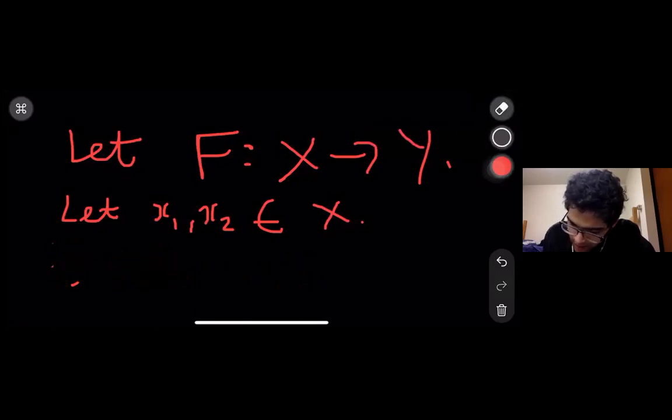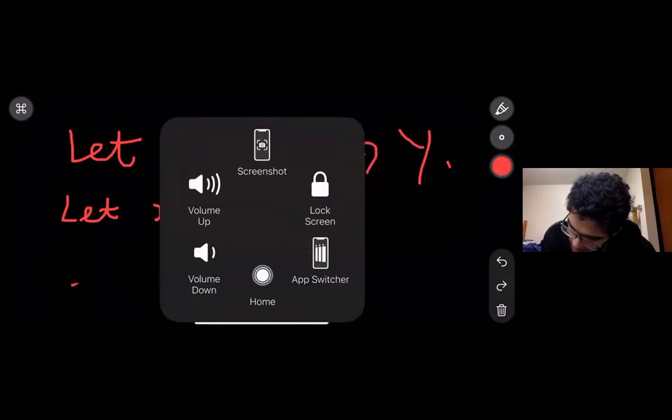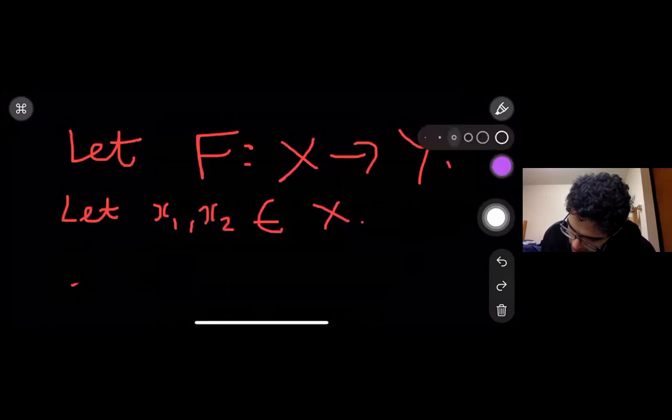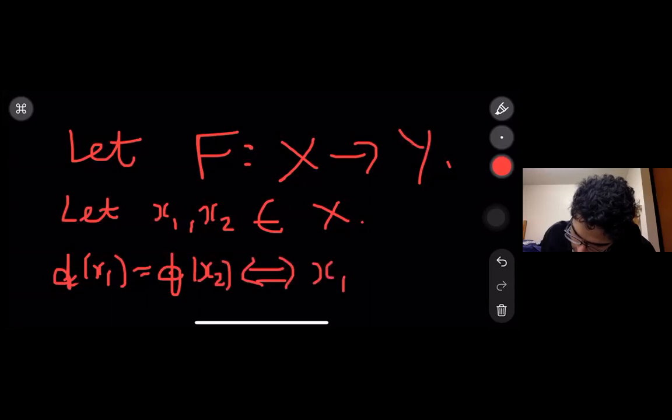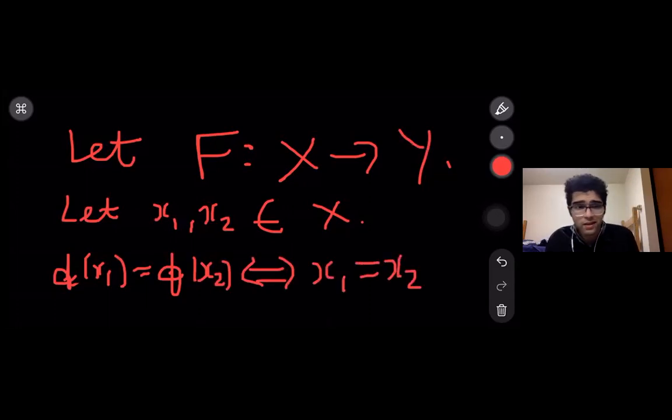So then we can say that... okay. Sorry about this, I'm a little new to this tool. Okay, f of x1 equals f of x2 implies, this is how we write it mathematically.